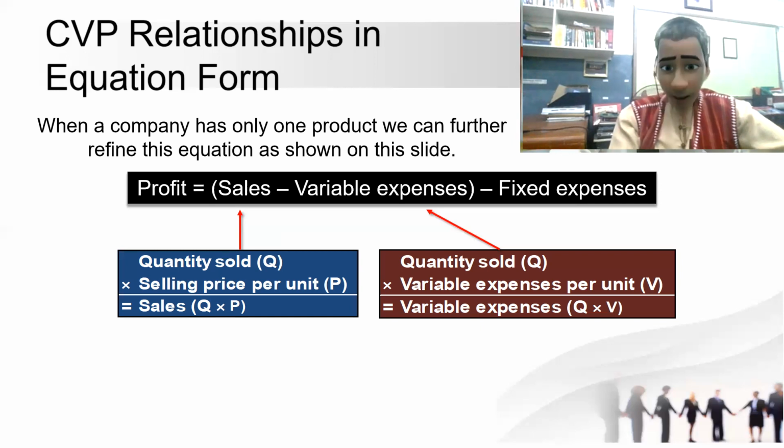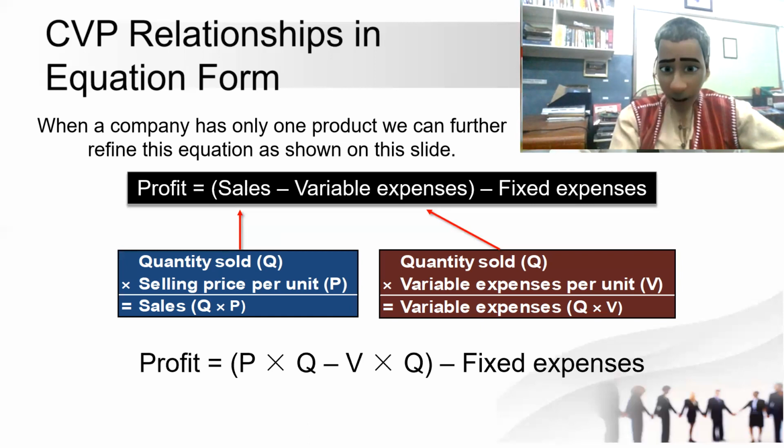So QP minus QV. You can even factor out Q, so that you will be left with Q times P minus V, where P is our selling price.